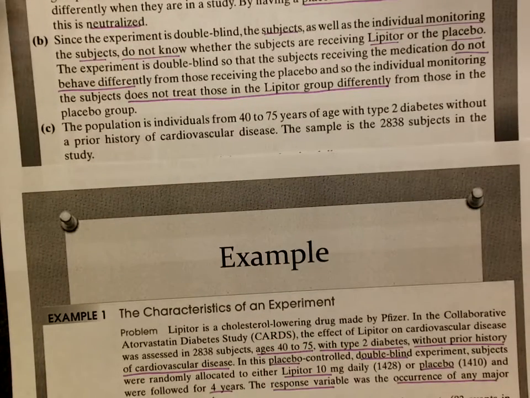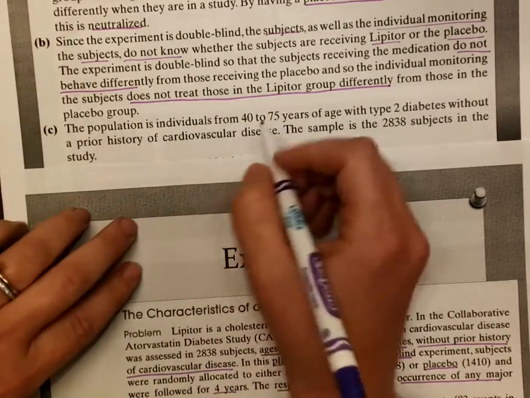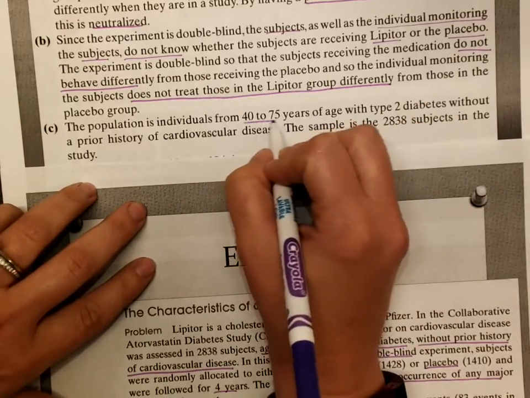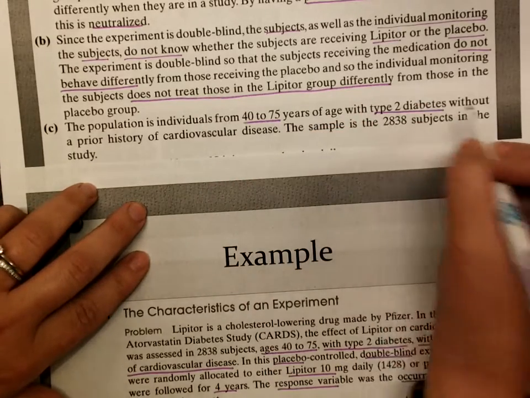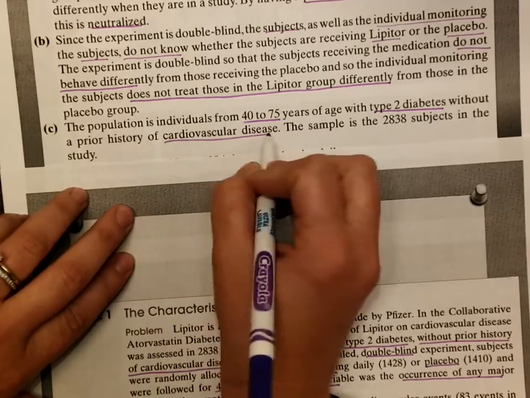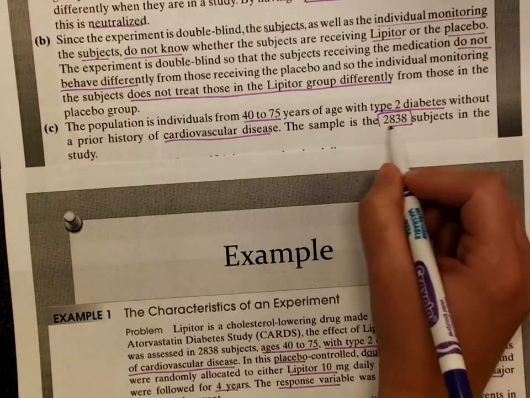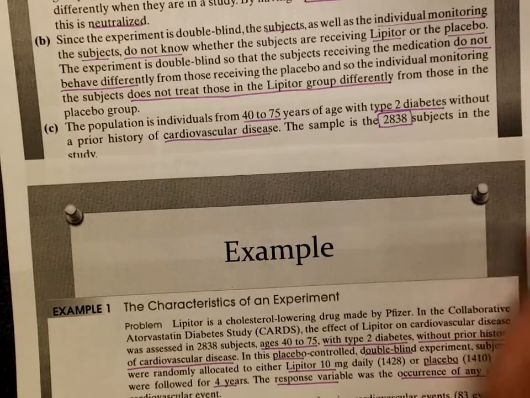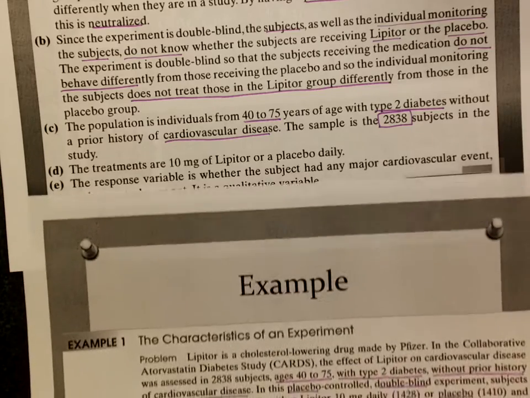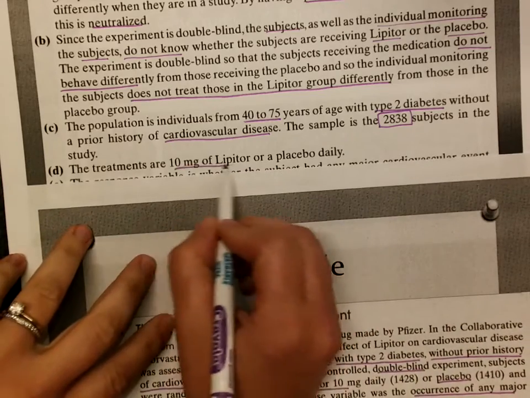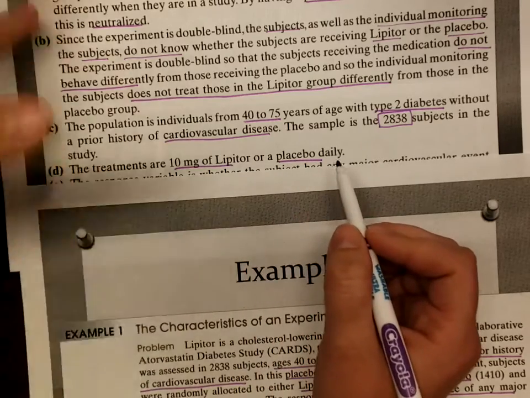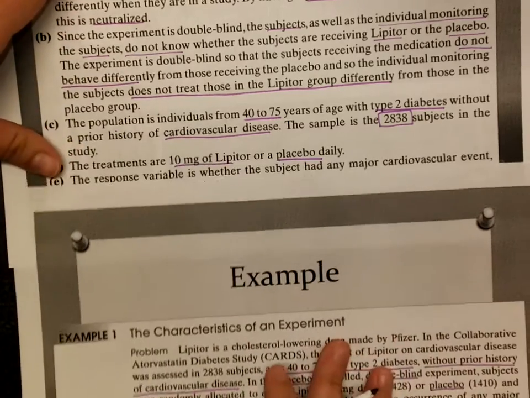Question C was about the population. So our population is very specific. Age 40 to 75 with type 2 diabetes without prior heart disease. The sample was the 2,838 subjects that were chosen. The treatments are either Lipitor or a placebo. We're just pulling all of this information out of the situation.